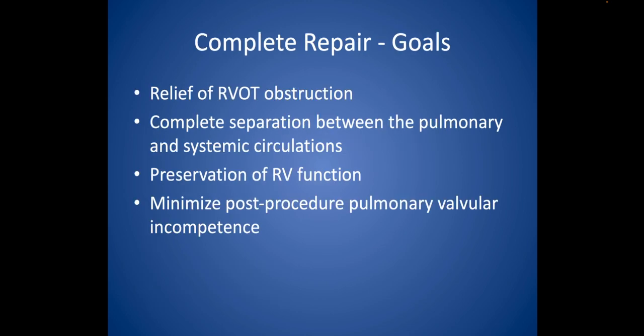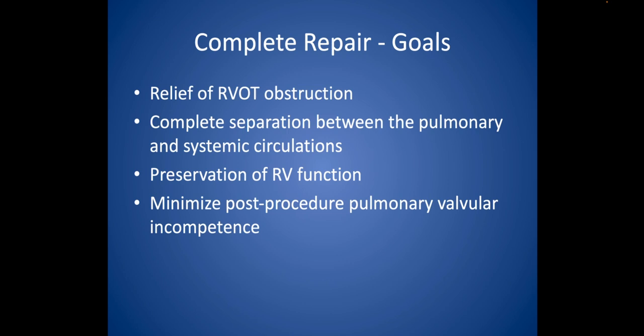So what about the complete repair goals? If you think about the anatomy and physiology, the goals of repair are really to relieve that RVOT obstruction. You want complete separation between the pulmonary and systemic circulations to close that ventricular communication. You want preservation of that RV function, so really looking at the degree of RVOT obstruction there is.